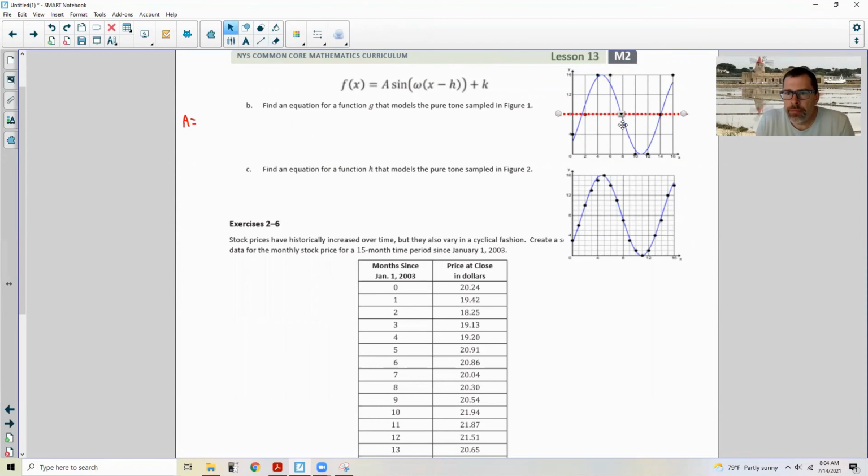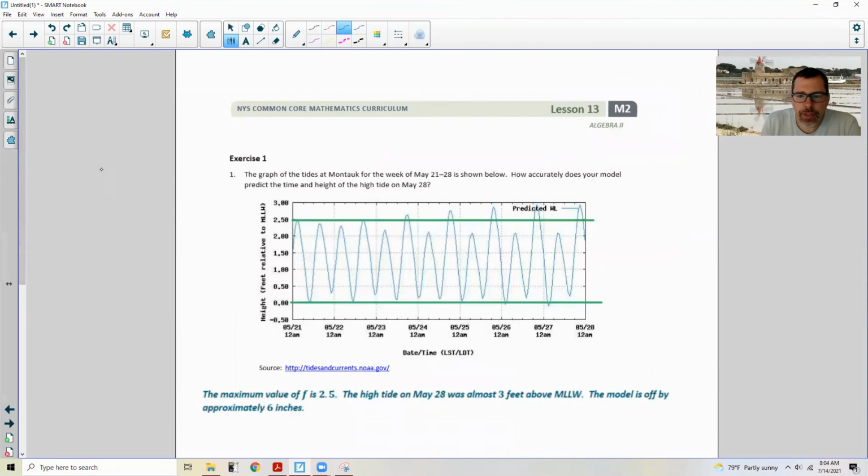Okay, so y equals 8 is my k actually. I'll get to that in a minute though. So A, amplitude, is how far up it goes from the midline. So from 8 to 16 is a distance of 8. So A is 8.